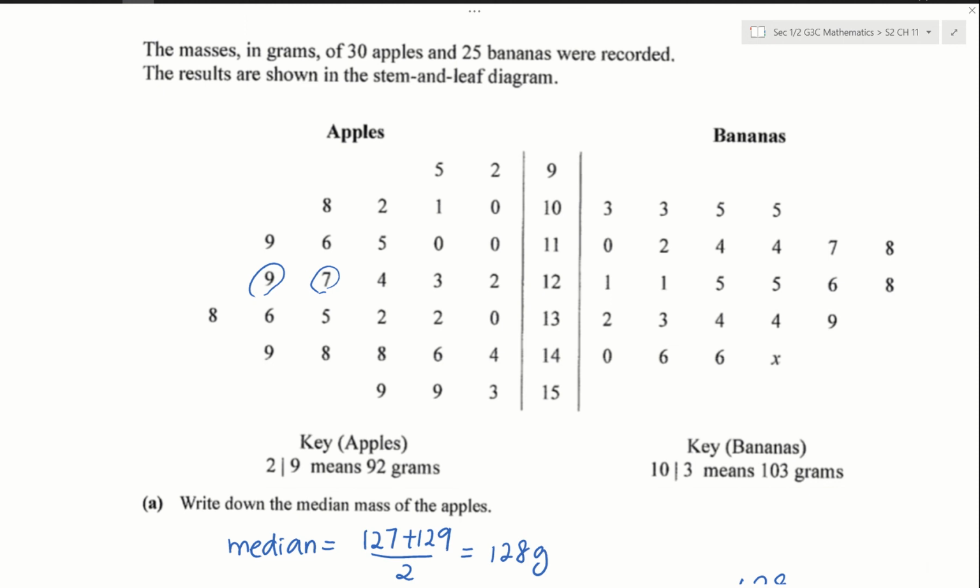Don't start counting at this end: 1, 2, 3 up to 15, and say this number is 15, this number is 16. Then wrong already. You must start counting from the smallest number, from the stem side, closer to the stem. 1, 2, 3, up to 16. So between these two, we have 128 grams.